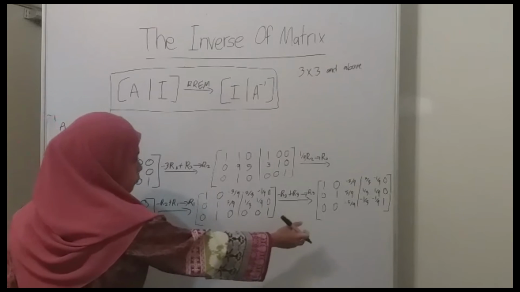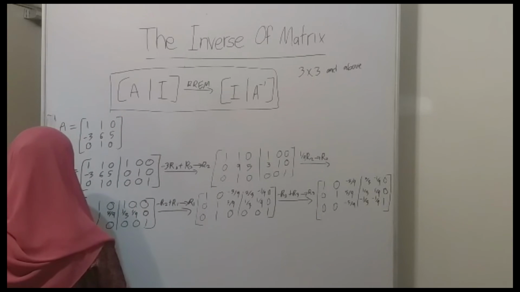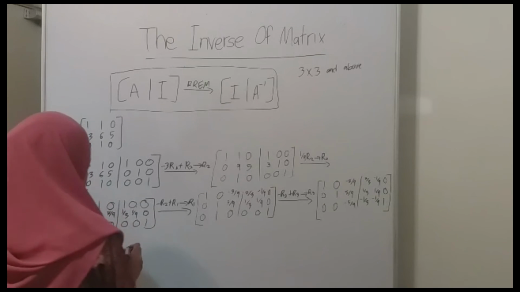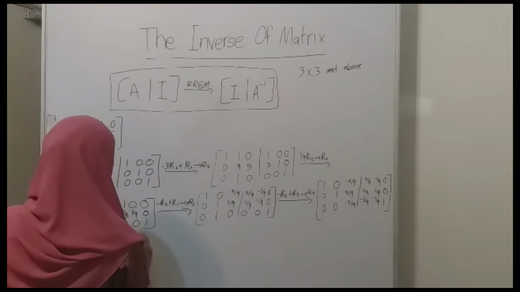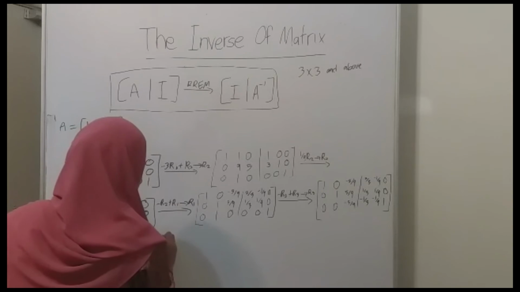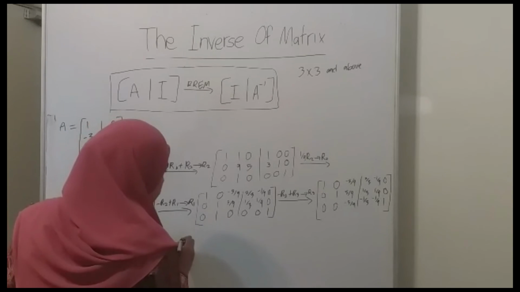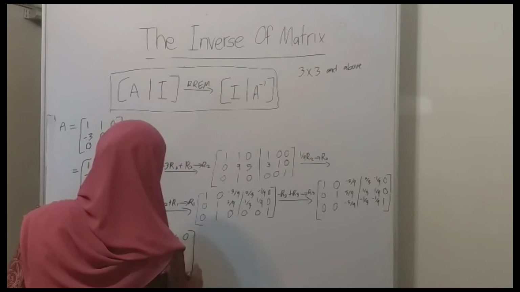So the changes will be row 3. So we go negative 9 over 5 R3 equal to R3. The rest will be the same. So 1 0 negative 5 over 9, and then 2 over 3, negative 1 over 9, 0.